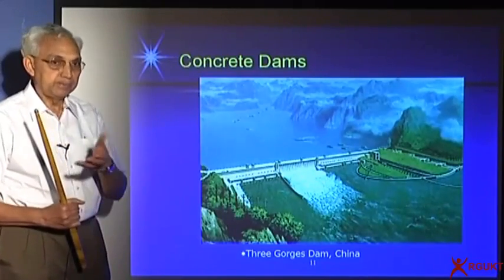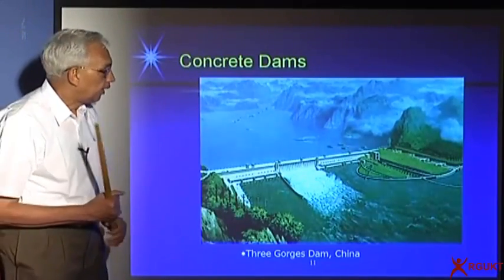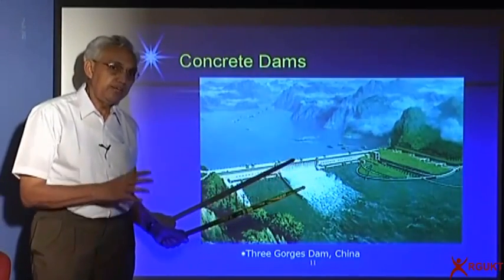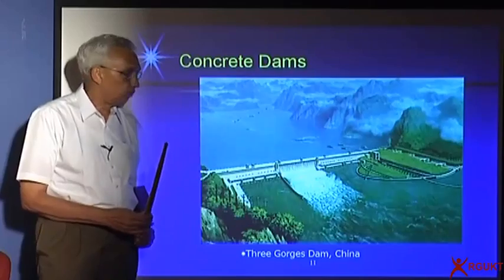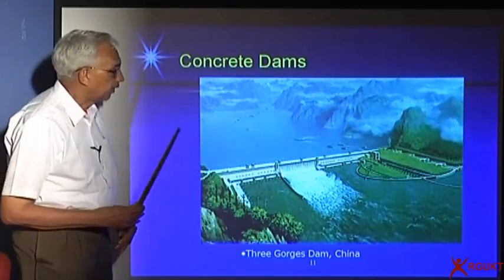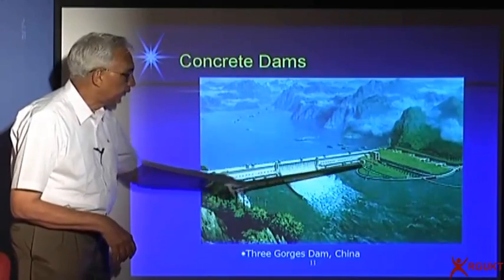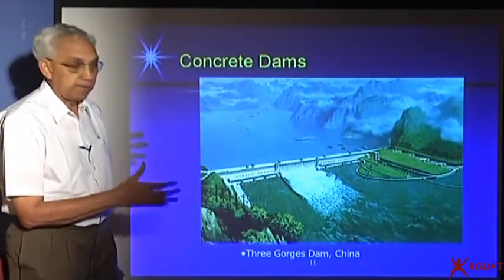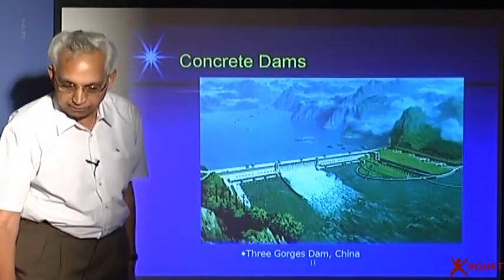Srisailam Dam generates a few thousand megawatts. This Three Gorges generates 22,000 megawatts of power, and they're going to enhance it to something like 30,000 megawatts. You can see that this whole thing is a civil engineering wonder. But for this, the economy of China would have been greatly affected.